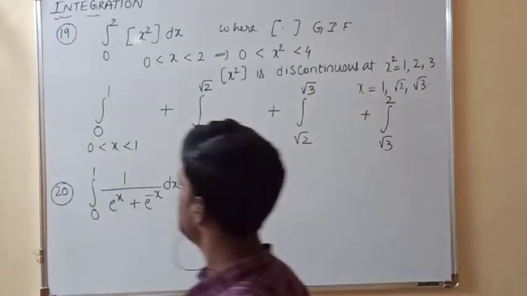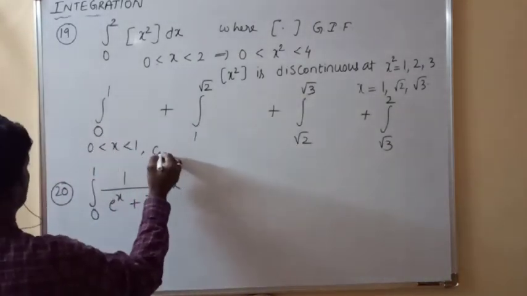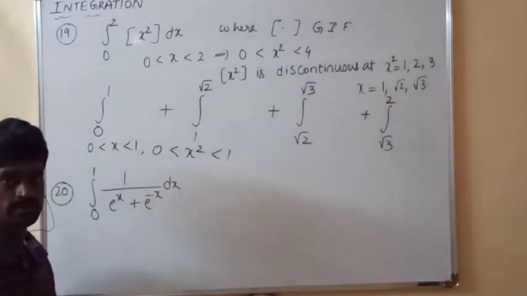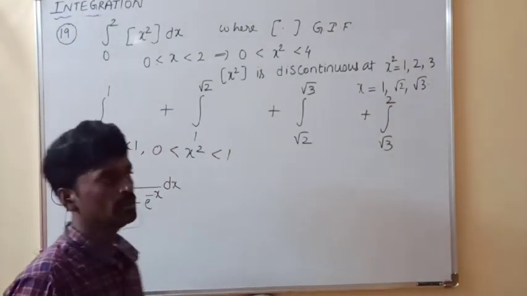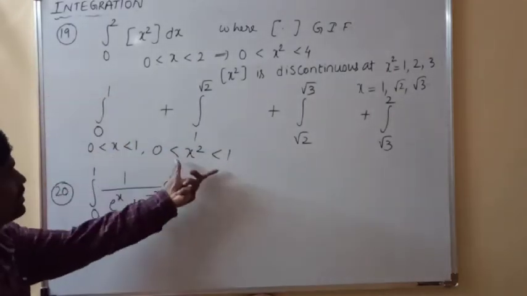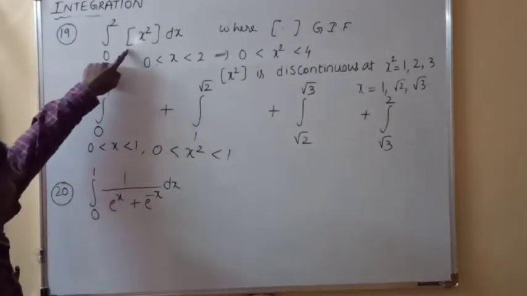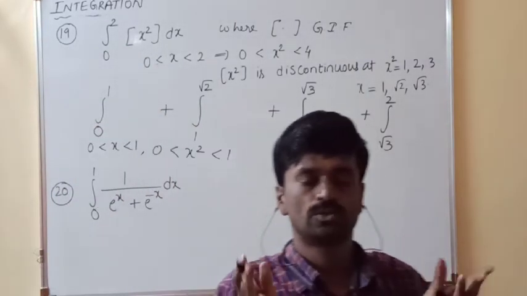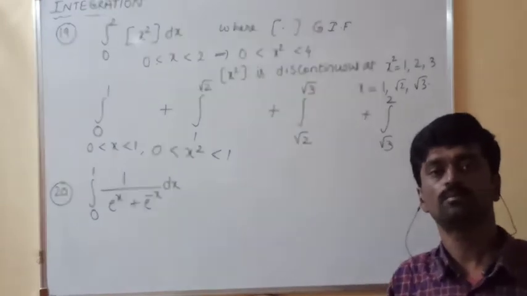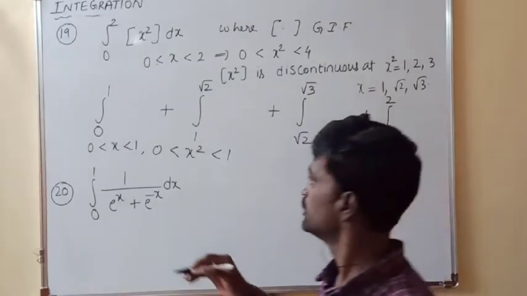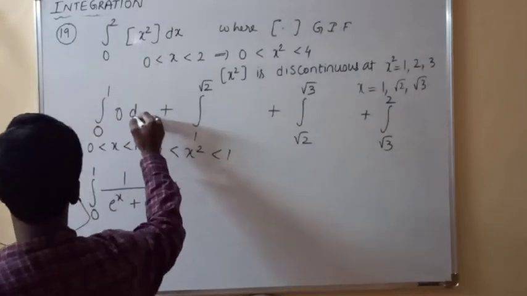When x lies between 0 and 1, x square also lies between 0 and 1. 0 square is 0, 1 square is 1. So what is the integral part of any number between 0 and 1? 0. So that means this is 0.